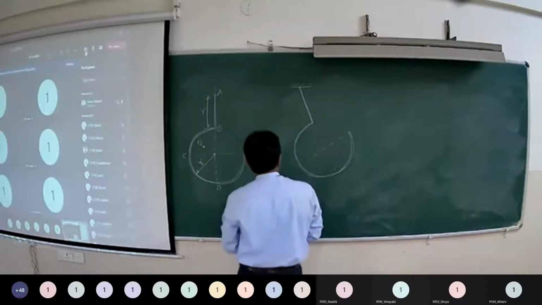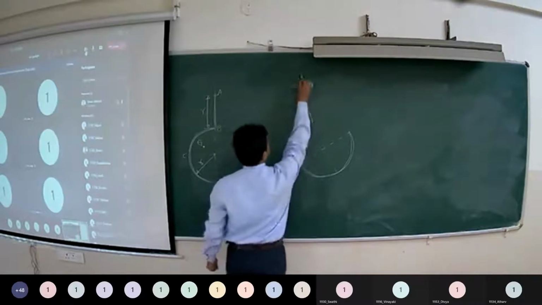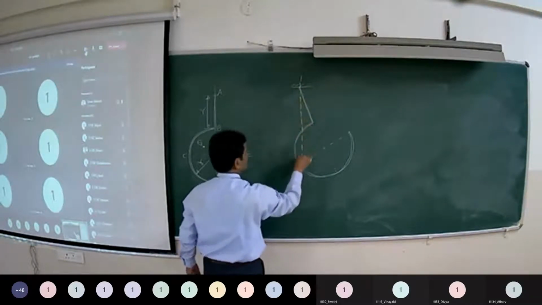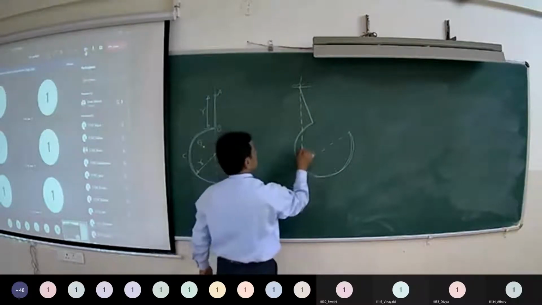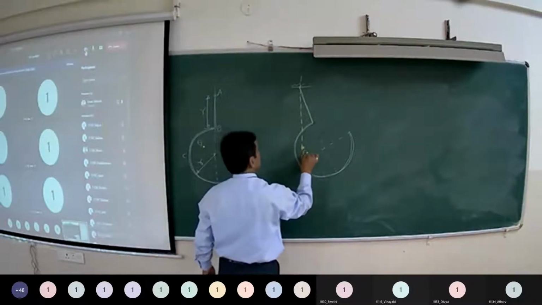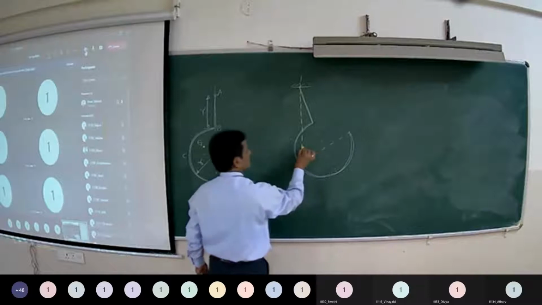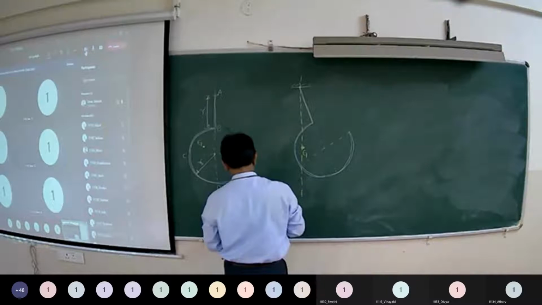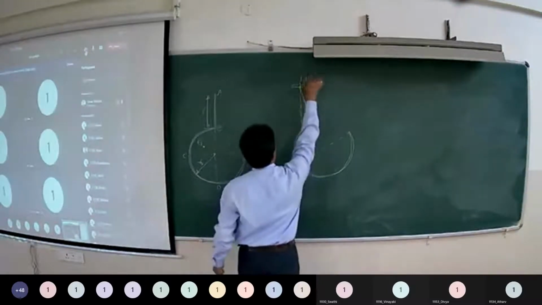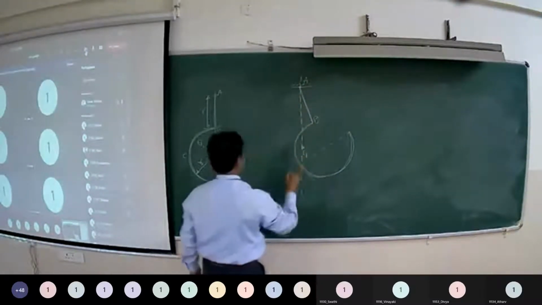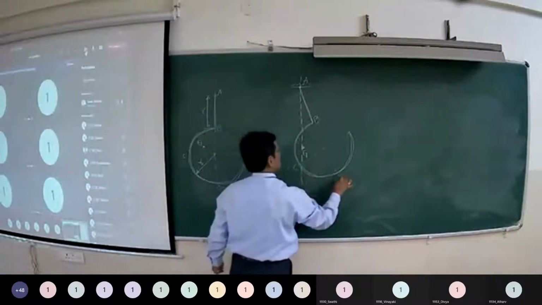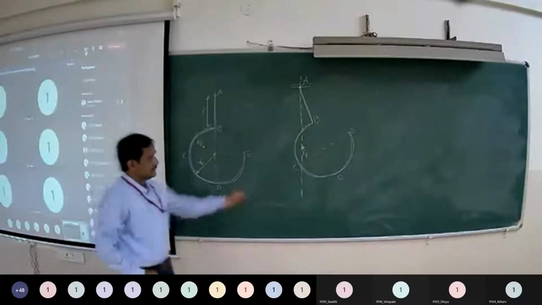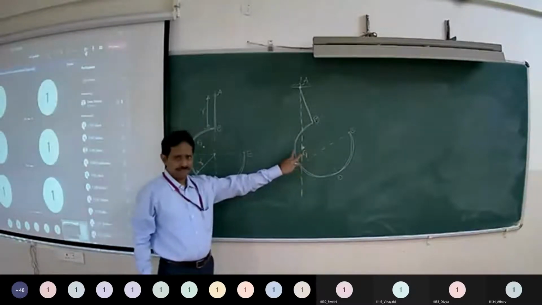And when you draw a vertical line passing through point of suspension, the center of gravity should lie on the vertical line passing through this point A. So we have this as A, B, C, D, E. Have you understood this?